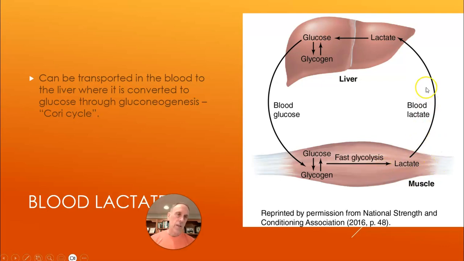The lactate then goes to the liver, that's processed in the liver, and from the gluconeogenesis that we talked about, the lactate becomes glucose and glycogen, and then it becomes blood glucose, right? So you're switching the lactate to glycogen, glycogen to glucose, it becomes blood glucose, and that goes back into the muscle, and the blood glucose is then converted to glycogen, which allows us to go through the whole process yet again.